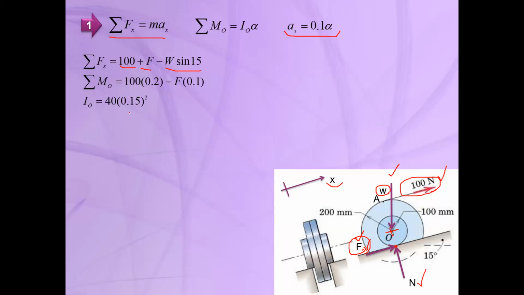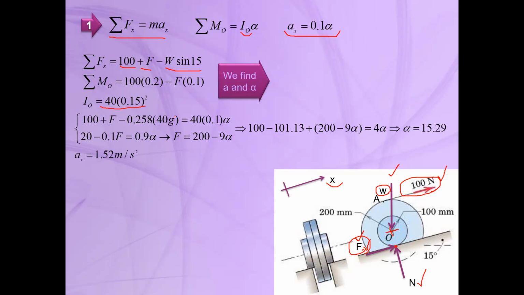And if you write this equation, we need the mass moment of inertia about the mass center, which is IO, and you can easily, using the radius of gyration, calculate the mass moment of inertia. Now you can solve these two equations and obtain the angular acceleration and the friction force F for this problem.